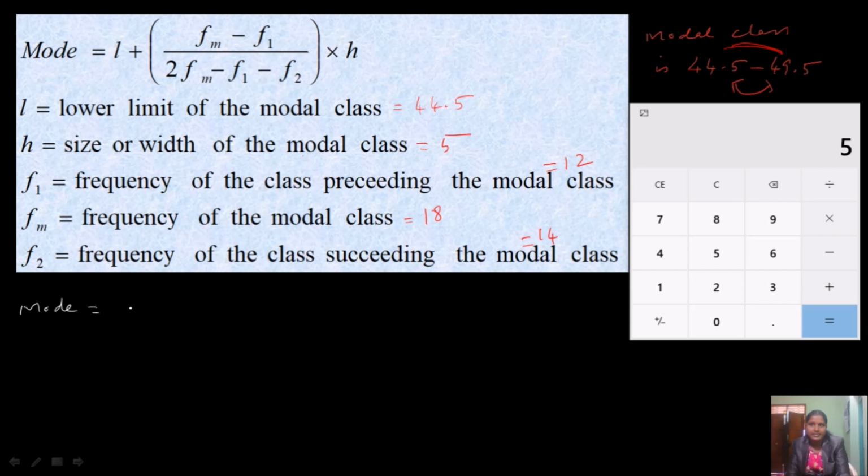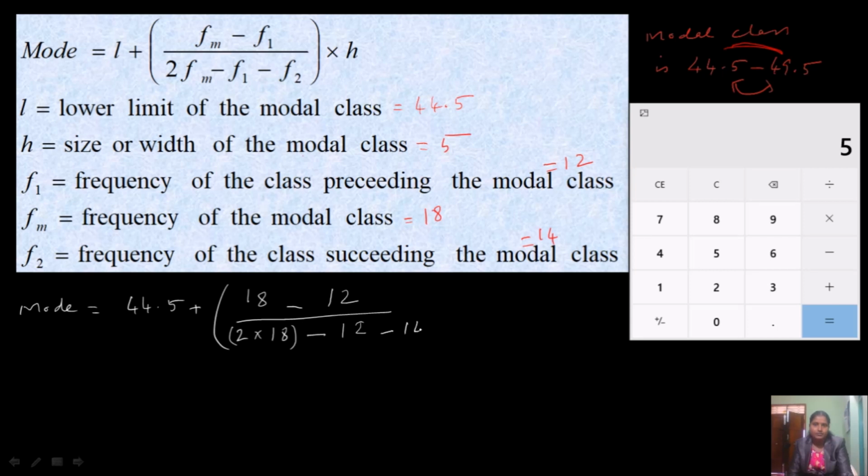So mode is equal to L, that is 44.5, plus (Fm minus F1, where F1 is 12) over (2 into Fm minus F1, that is 12, minus F2, that is 14) into H, that is 5.